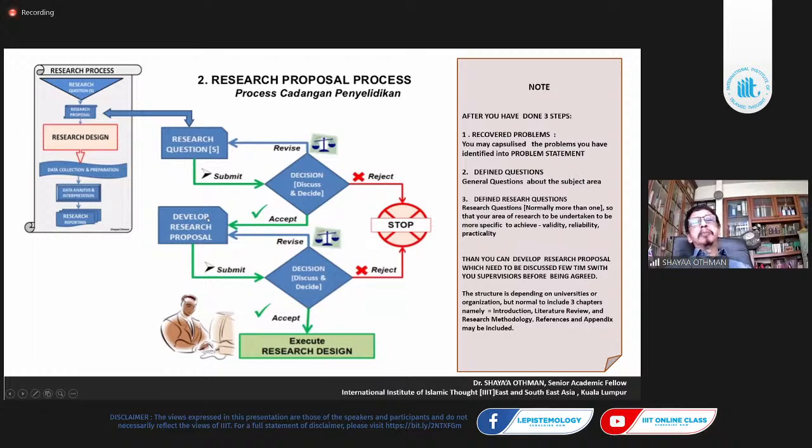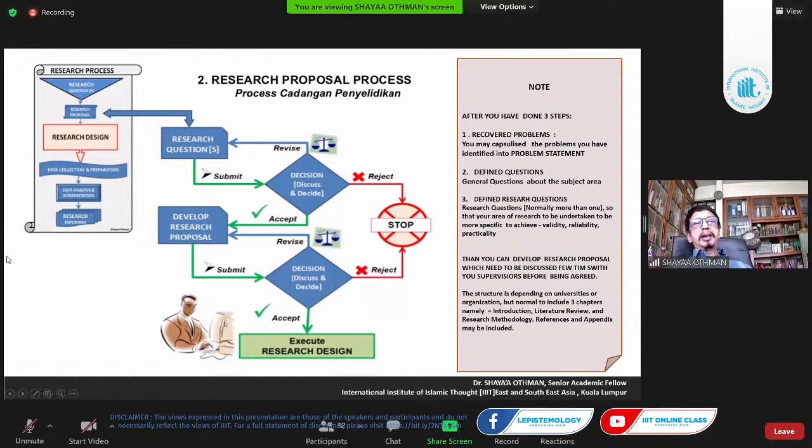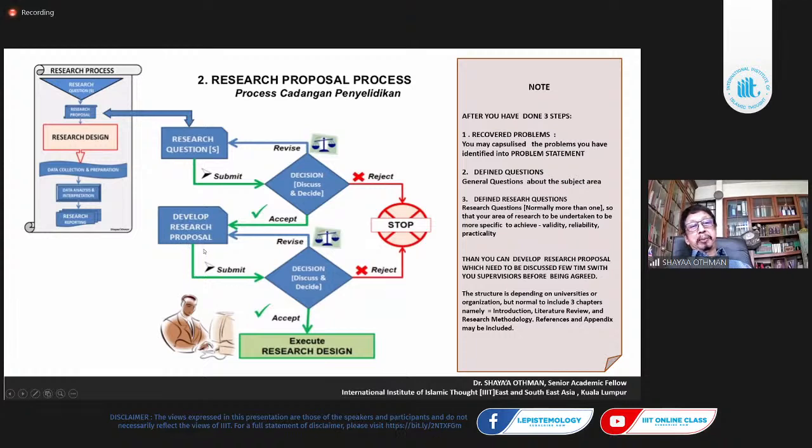I will show you an example of some universities' research proposals. After your proposal has been accepted, you will decide on executing your research design. These are the steps. The third step is quite detailed.